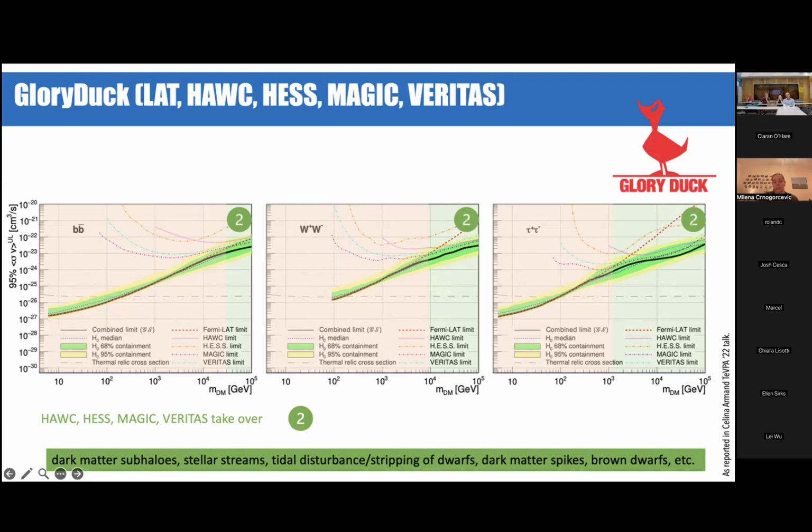But the point that I want to make is that maybe for the BB channel, it would have been good with just using Fermi-LAT, but with the future missions, as we expand upon the energy coverage and the angular resolution and so on, combining the analysis might have stronger consequences. And this is the example of the dwarf spheroidal galaxies. These can also be applied to other dark matter WIMP targets, such as subhalos, stellar streams, dwarfs, dark matter spikes, and so on and so forth.